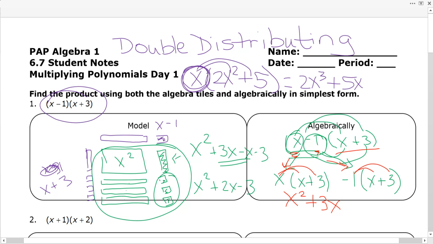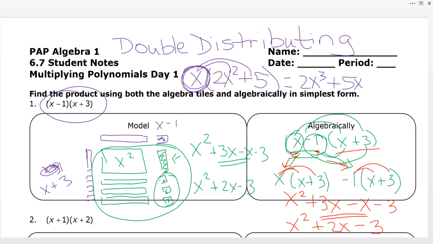And after I distribute over here, I have minus x minus 3. Here are those terms I can combine again: x squared plus 2x minus 3. So I end up with the same answer. What I'm doing is distributing twice because I have 2 terms up here, and so I separate those out and then multiply each one separately times x plus 3.